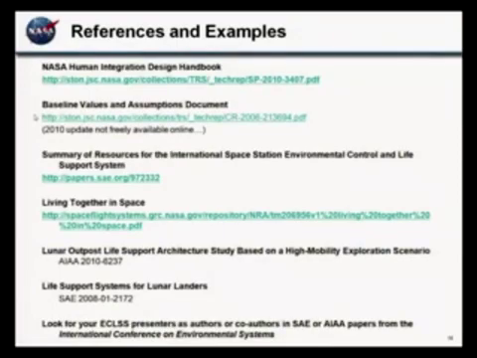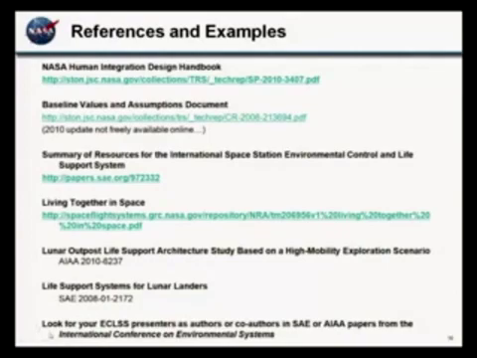So it has more information on recycling and stuff like that. This 1997 paper is a good description of what people thought the closed loop ISS recycling ECLSS would be like, and so you can go through some of that rationale. Living Together in Space is another great publicly available document that goes through the ISS architecture and the life support.